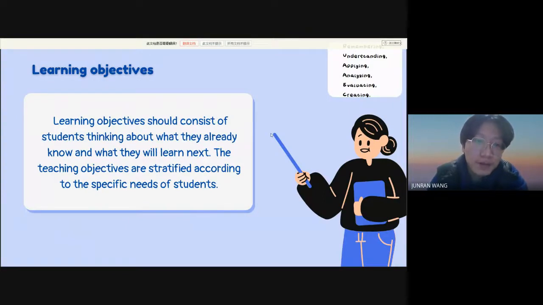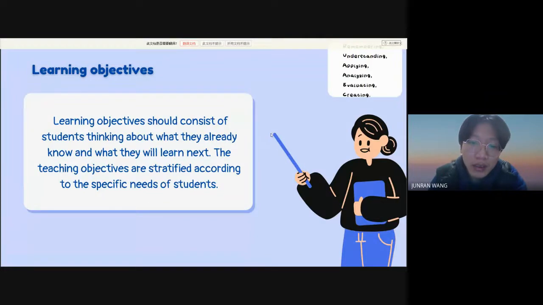First, learning objectives. Learning objectives should consist of students thinking about what they already know and what they will learn next. The teaching objectives are satisfied according to the specific needs of students.